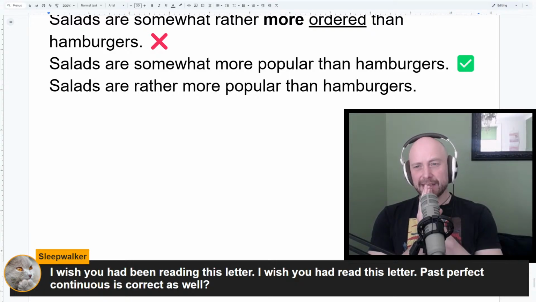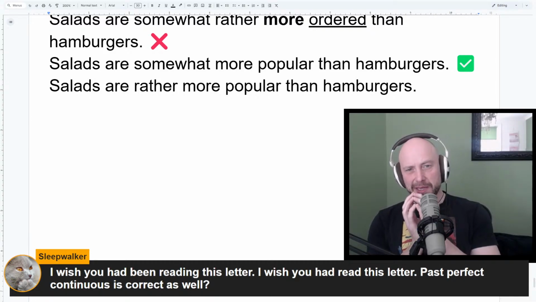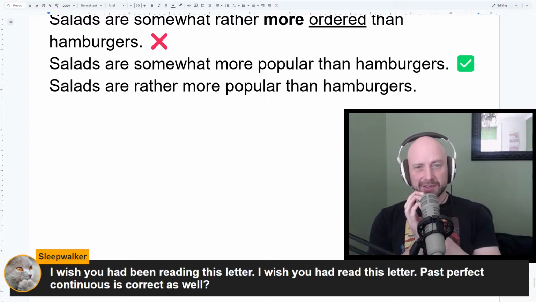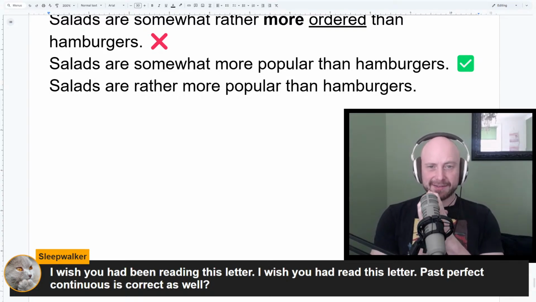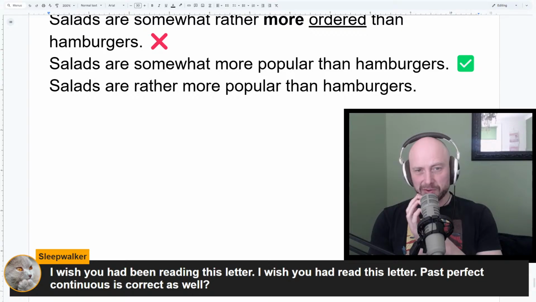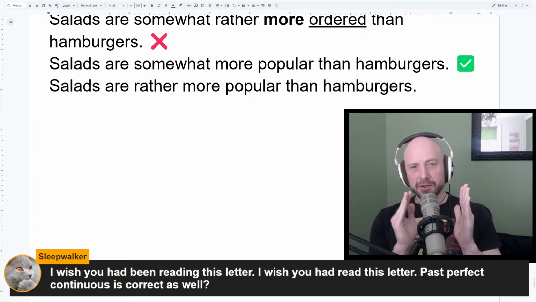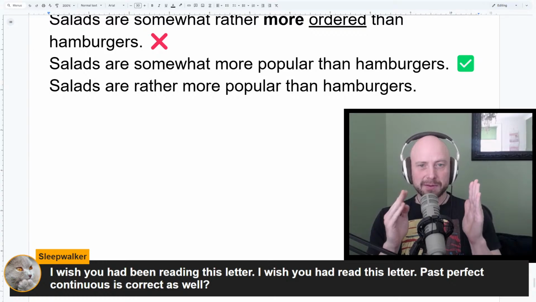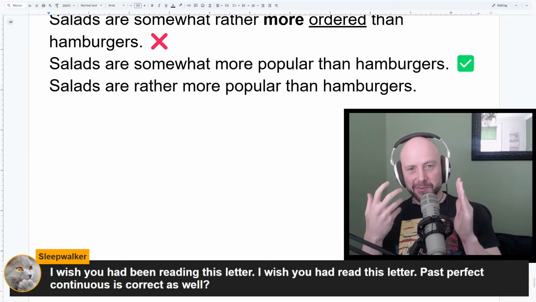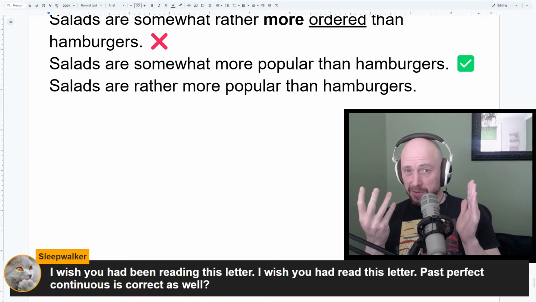Like, I wish you'd been coming to church as long as me. That's possible. I wish you'd been coming to church as long as I had. That's possible, to talk about a continuous event up to a point in the past that didn't happen, but that you wish were true.